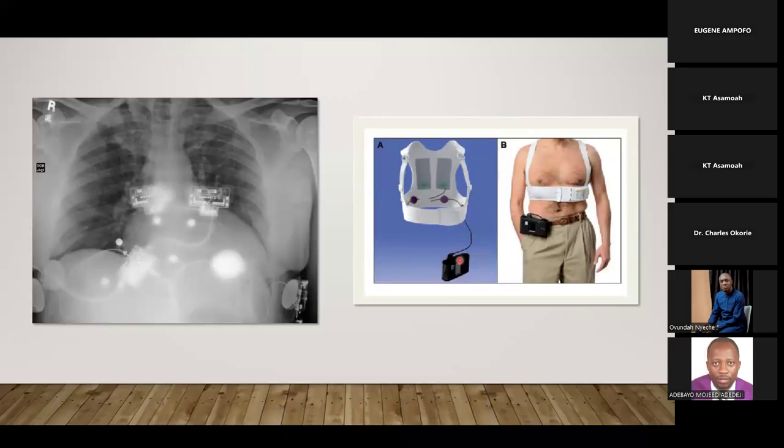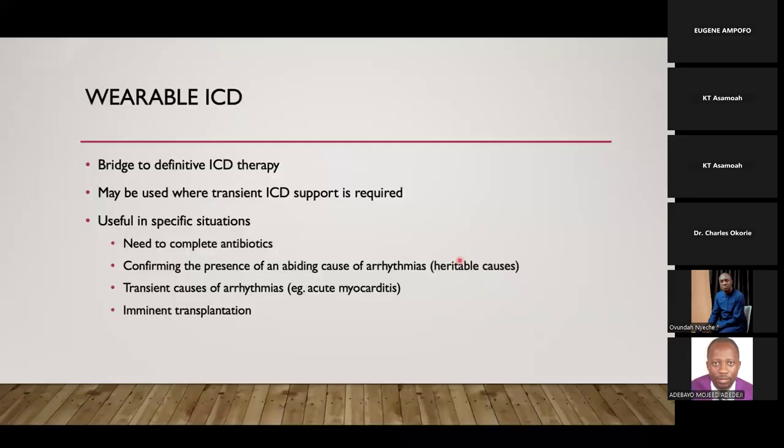This is used in specific situations. The wearable ICD is not an end in itself. It's a temporary measure, and it's usually a bridge to definitive ICD therapy and may also be used transiently when support is required.